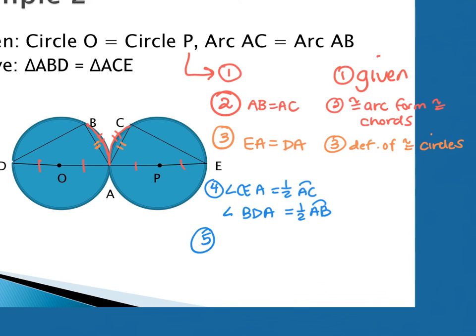And we already know that AB is congruent to AC, so I could say inscribed angles equal 1/2 arcs. And CEA would equal 1/2 arc AB. That's substitution.